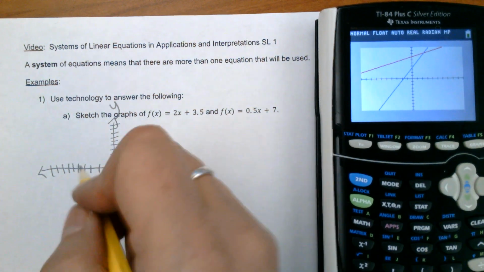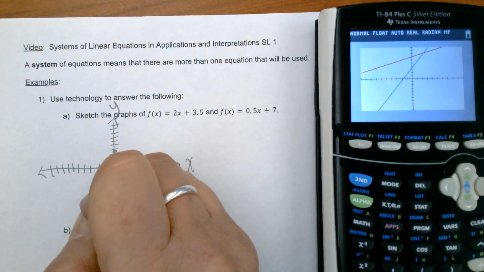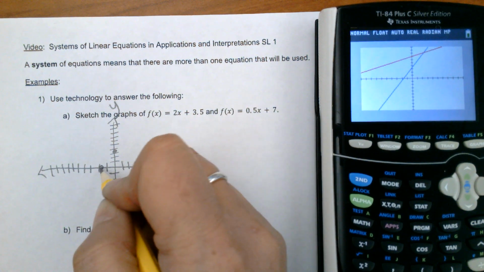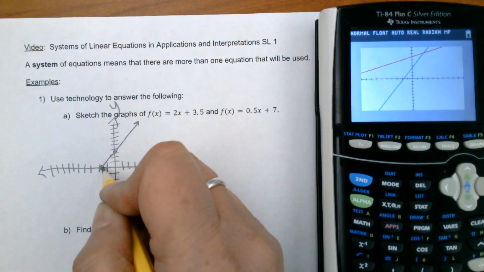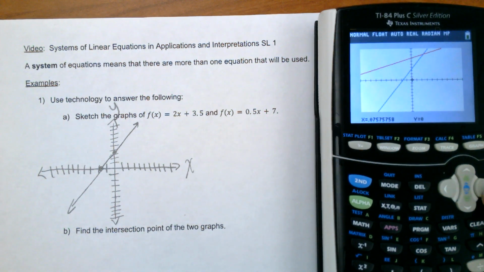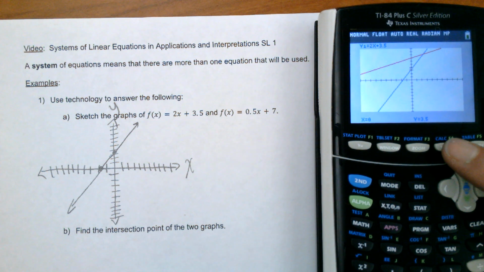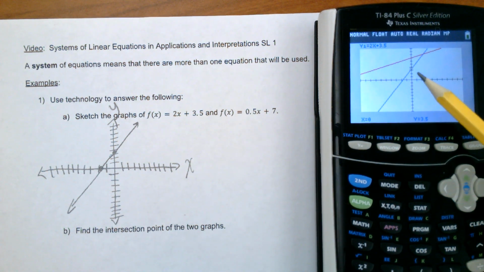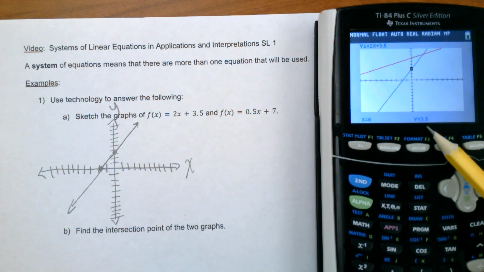It looks like it crosses just a little bit before the second line. So I'm going to put a dot there, and then I am going to connect them. If you push this trace button right here, look how it jumped to the y-intercept. I got it right: 0, 3.5.